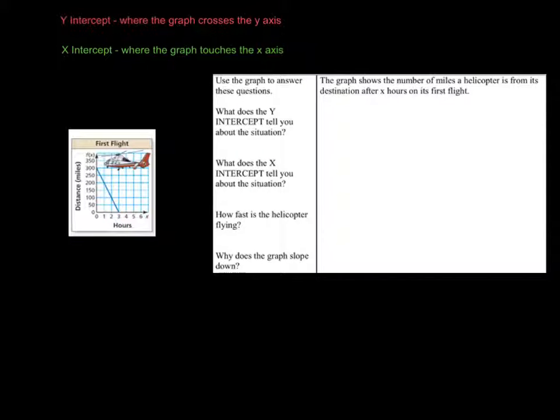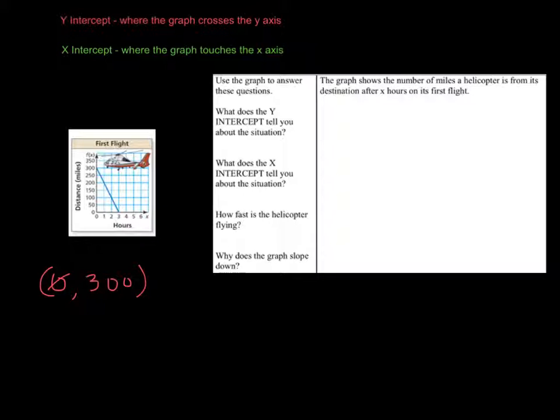Okay, so the first question here asks us what the y-intercept tells us about the situation. Well, the y-intercept is where the graph is crossing the y-axis. So I can see that that point occurs right here, and I know that the ordered pair for that point is 0 for the x-coordinate and 300 for the y-coordinate.